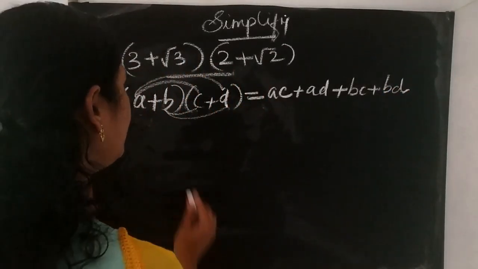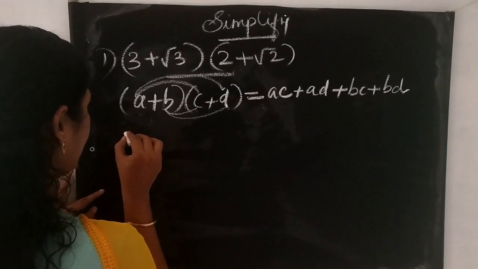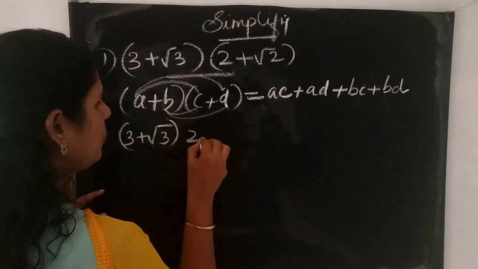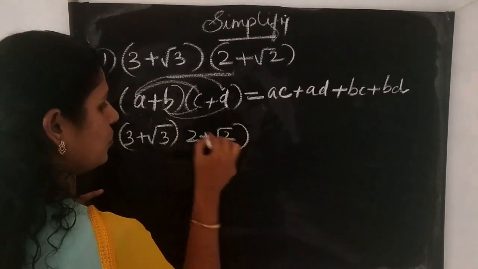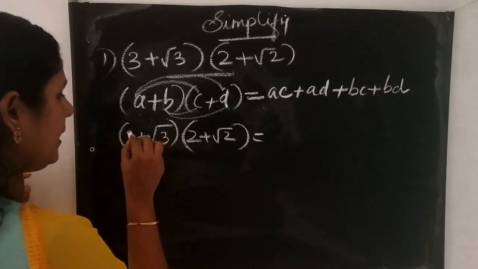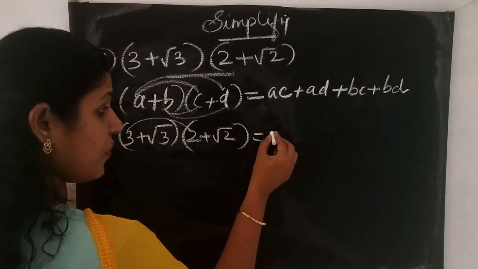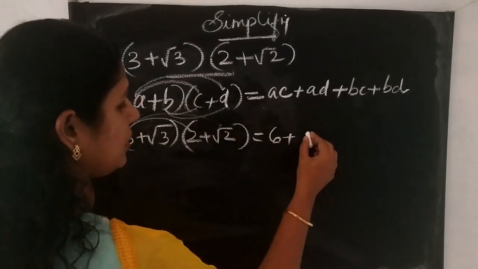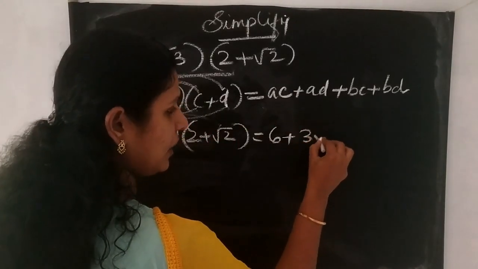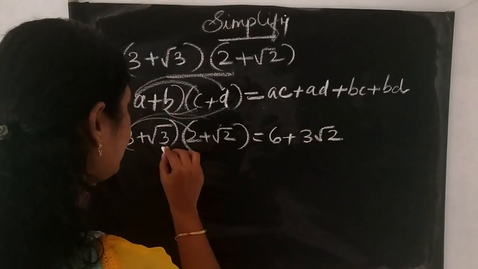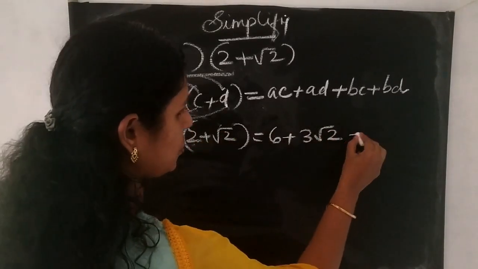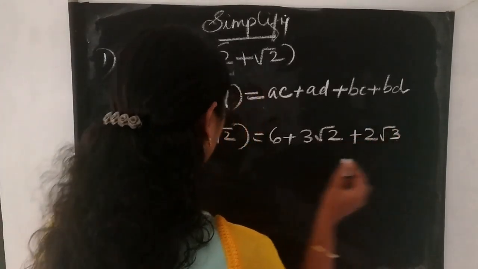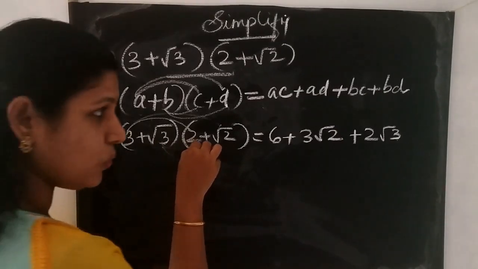Now again we write the question: 3 plus root 3 into 2 plus root 2. That is 3 into 2, which is 6. Then plus 3 into root 2, which is 3 root 2. Now plus root 3 into 2, which is 2 root 3.